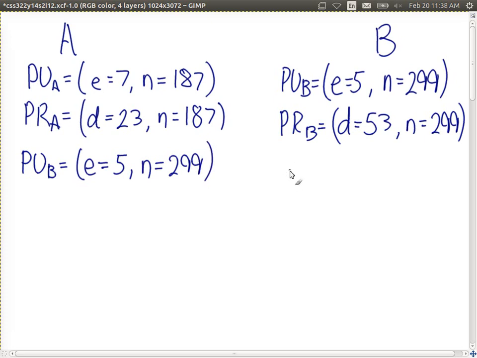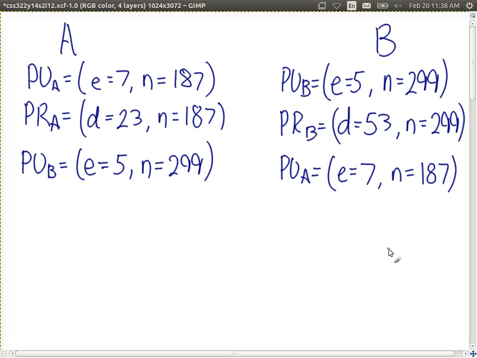And similarly, A told B its public key. Exchange the public keys. So we've generated keys, exchanged public keys, and now we can encrypt and decrypt.